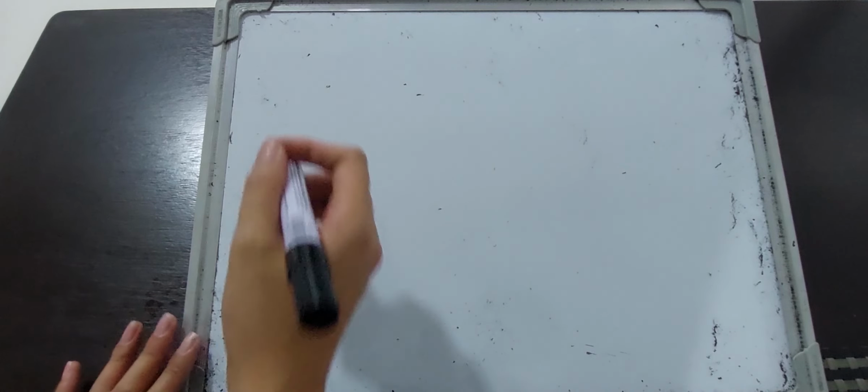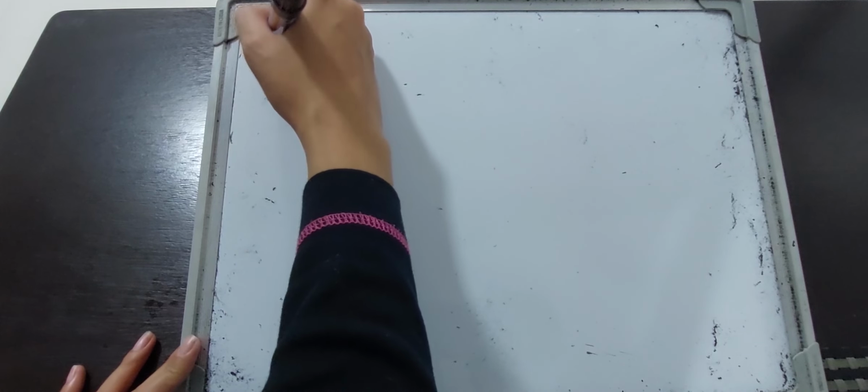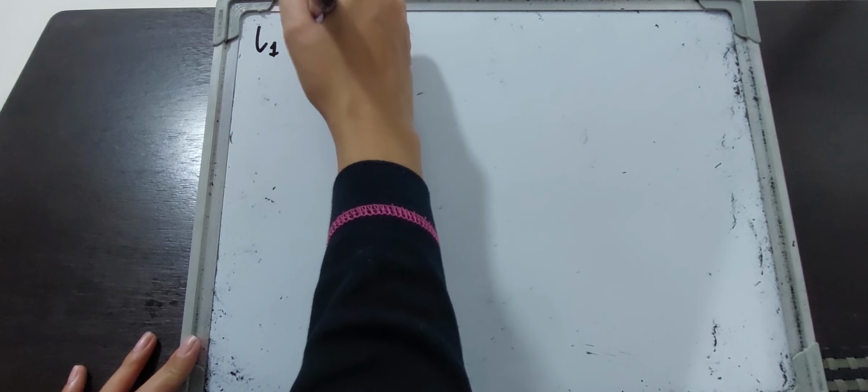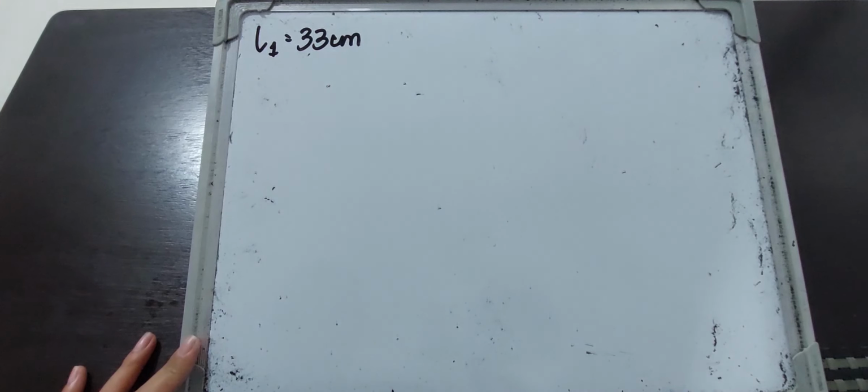Ito ay connected pa din dun sa beats or the frequency natin. So, again, the problem ay nandun sa isang recorded discussion, hindi ko na isusulat. So, the C string of a violin is 33 centimeters long. Pag sinabi nating long, so length, it is 33 centimeters long.